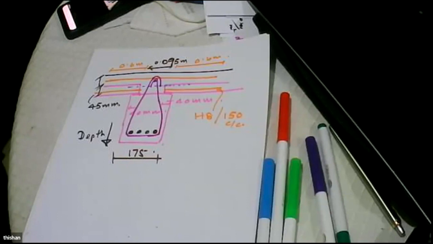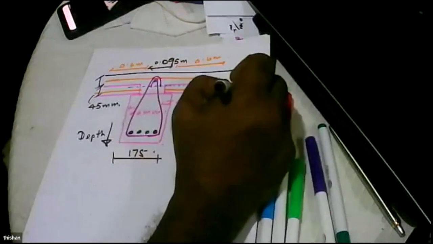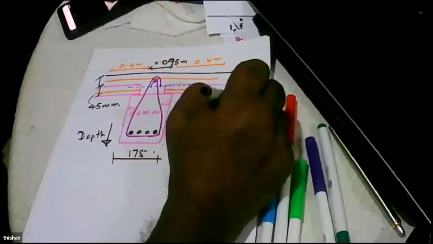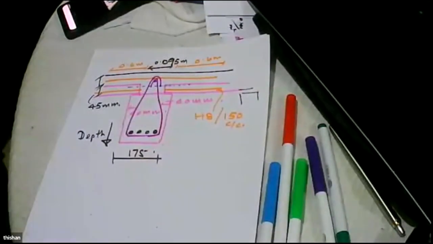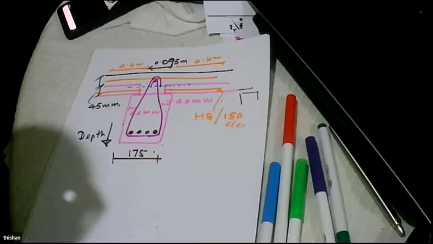The other beauty is we can directly support this on a wall, so we can make it load bearing. Some of the walls can be made load bearing, and some of the slabs will be supported on the precast beams.